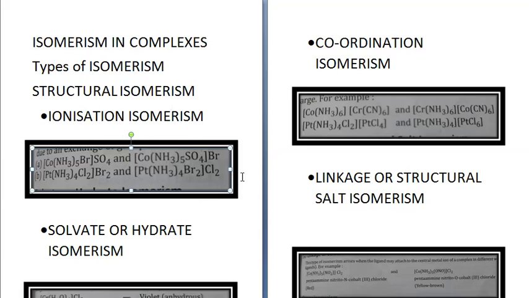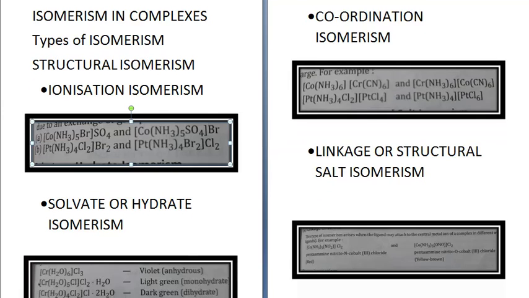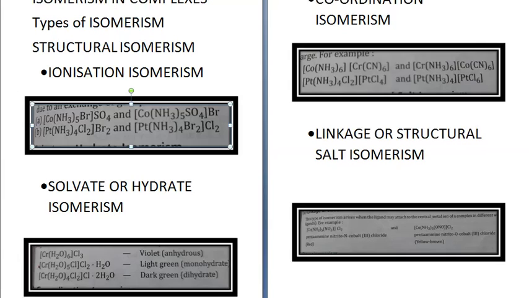Second type of isomerism is called solvate or hydrate isomerism. These are isomers of a complex which differ in the placement of water molecule in the complex. Now see over here, we've given an example, [Cr(H2O)6]Cl3.